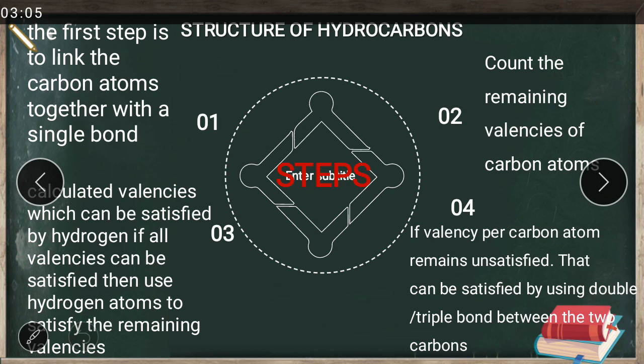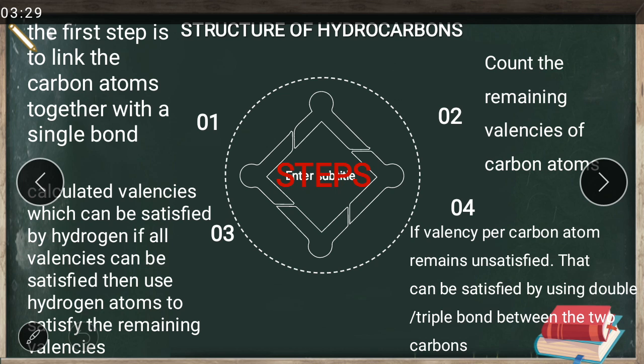Next, count the remaining unsatisfied valencies of carbon atoms. Third step, calculate the valencies which can be satisfied by hydrogen. If all valencies can be satisfied, then use hydrogen atoms to satisfy the remaining valencies.